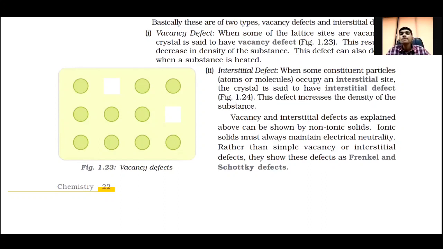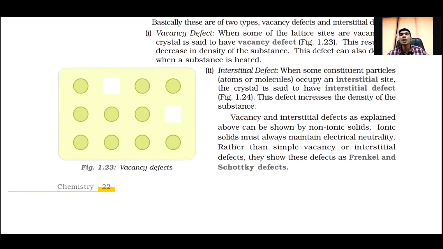Okay, now vacancy and interstitial defect, as explained above, can be shown by non-ionic and ionic solids. We can see both types of defects in ionic as well as non-ionic solids. Ionic solids must always maintain electrical neutrality.